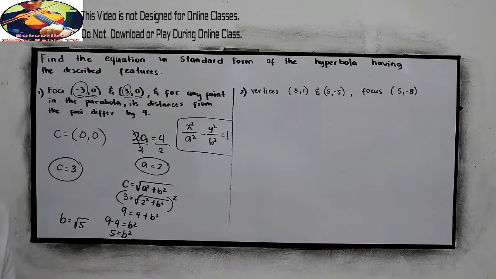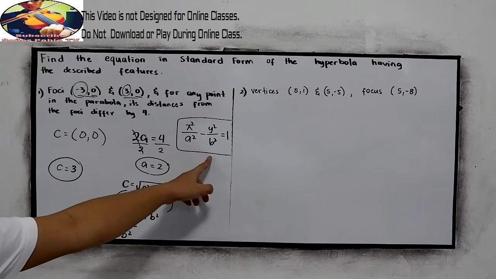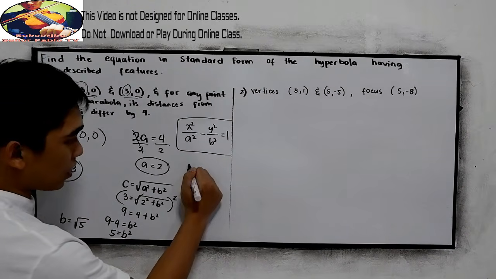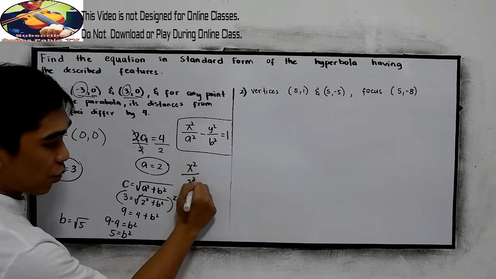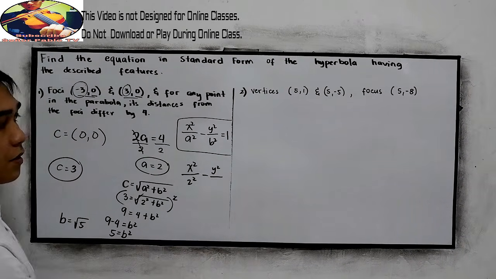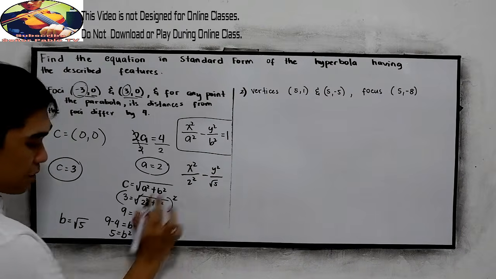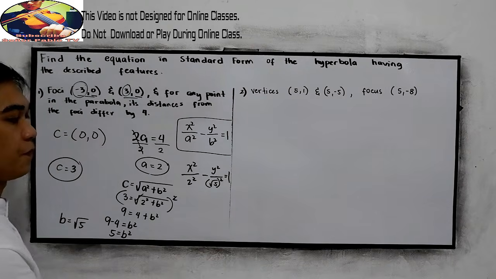Okay, we are now ready to get the standard form. So we have x squared all over 2 squared minus y squared all over the square root of 5, which is b, squared, is equal to 1.